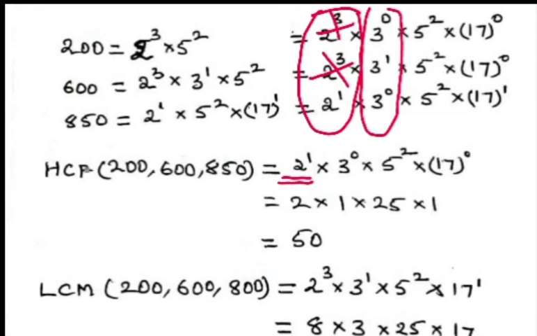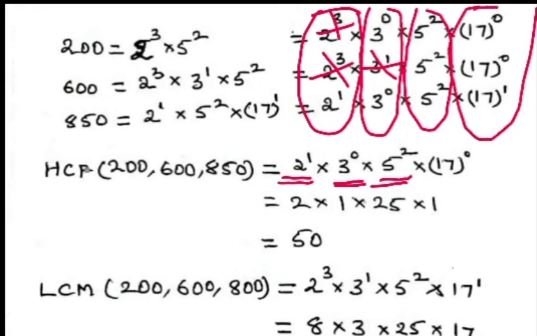In these two, 3 is the prime number with the least power, 3 power 0, and 5 square, all are equal, so 5 square. 17 power 0 and 17 power 1, so we take 17 power 0, as the prime number with the least power is to be taken for HCF. Now we get the HCF equal to 50.